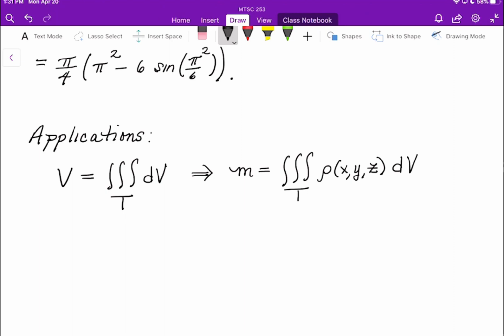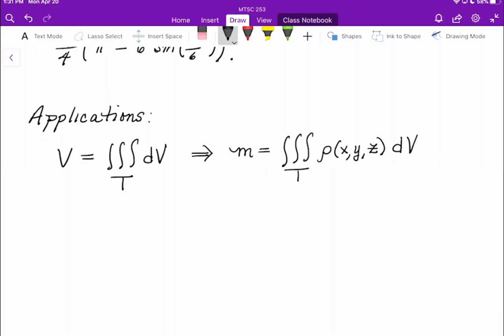So now we can talk about mass. And of course, once we start talking about mass, we can talk about centroids. So you can talk about centroids of three-dimensional regions.